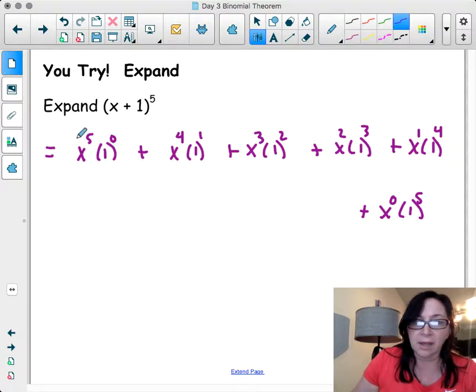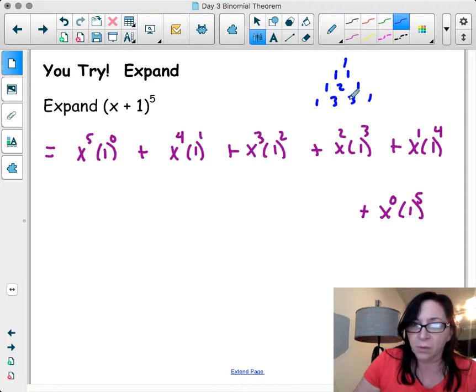And don't forget, for the 5th power, you're going to have to put in the coefficients. If you need to rewrite it, that's fine. 1, 1, 1, 2, 1, 1, 3, 3, 1, 1, 4, 6, 4, 1. And then this one, of course, is 1, 5, 10, 10, 5, 1.